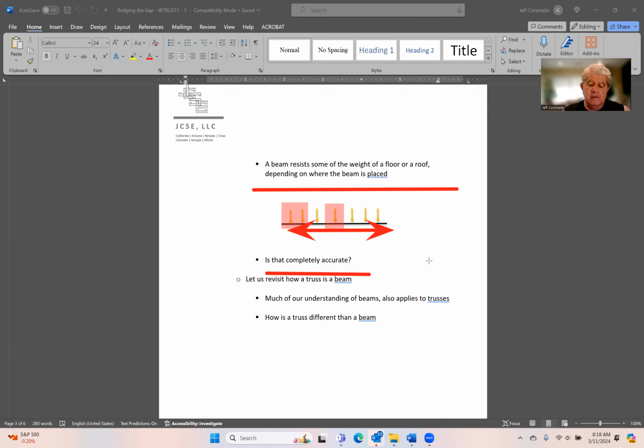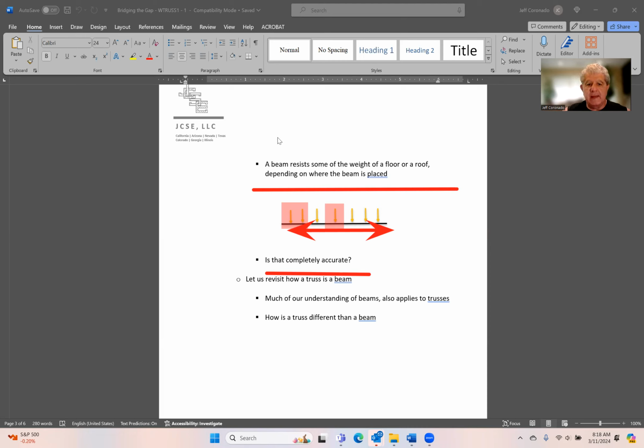Some of you might be spinning your wheels, going, well, what about beams that resist axial loading? What about beam columns? Yeah, there can be other aspects to a beam, but that's a fight for another day. For the purposes of WTRUSS1, we can think of a beam with those two characteristics.